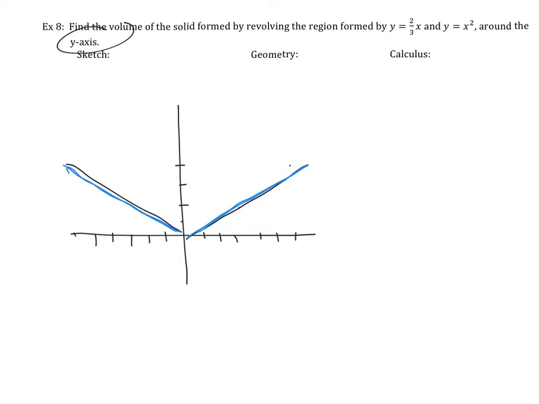I'm starting at 1 here, so I know at 1 I'm at (1, 1), which is going to be above my line, and I'm going to wrap up from there to (2, 4), so it's going to be something like this. And then on the other side I'd be up here, something like that.